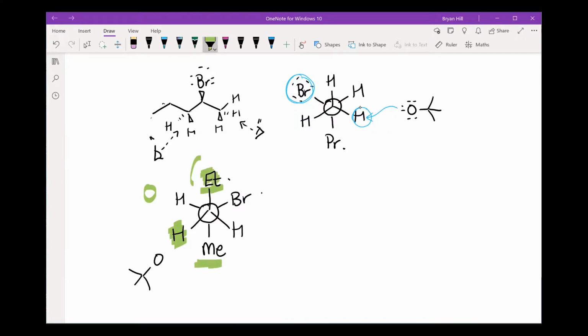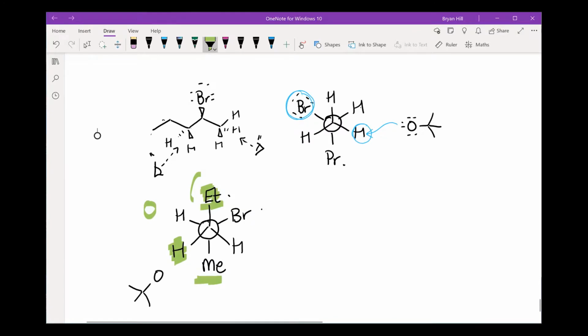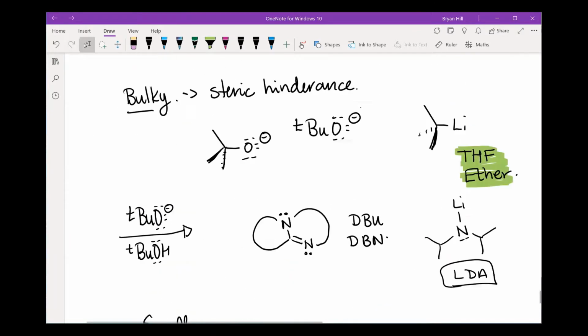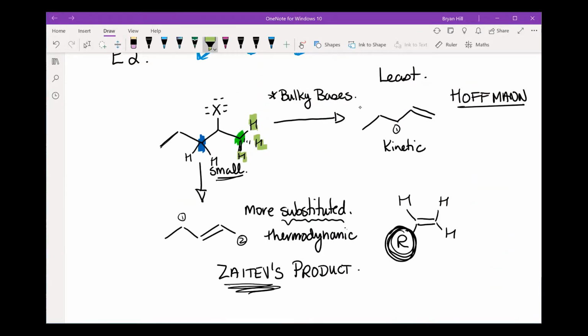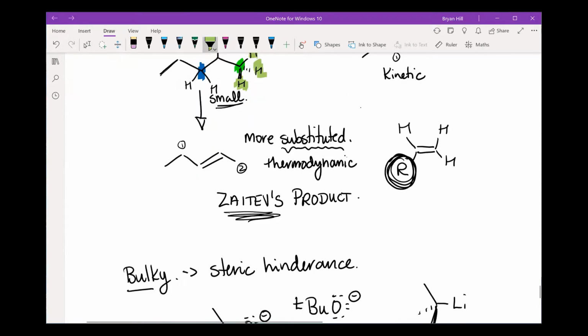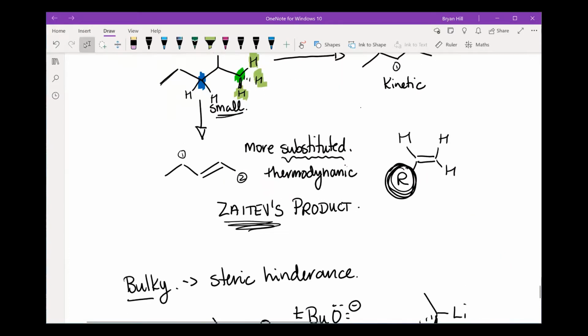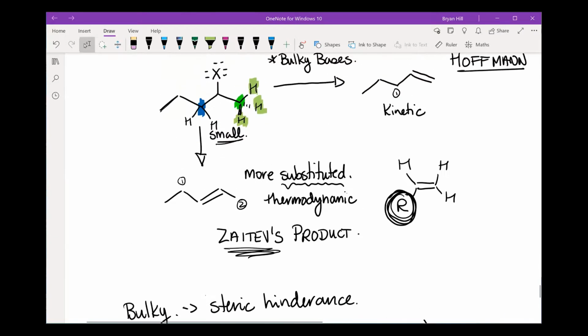So it's easier to remove protons on the outside over here with big bases, and it's less of a problem to remove the interior protons with small bases. So that's basically the way that E2 eliminations work.